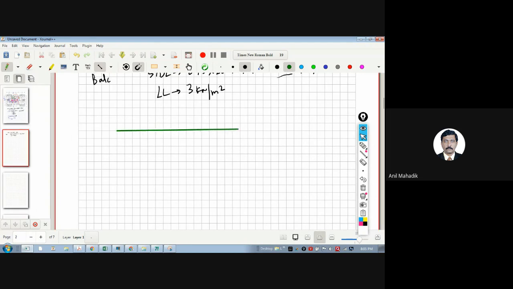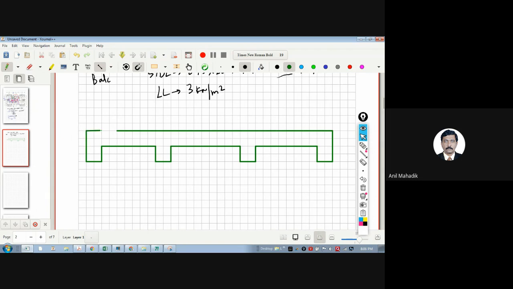If I draw the section along the shorter span of the slab, it should look like this. Our case is S4 here.